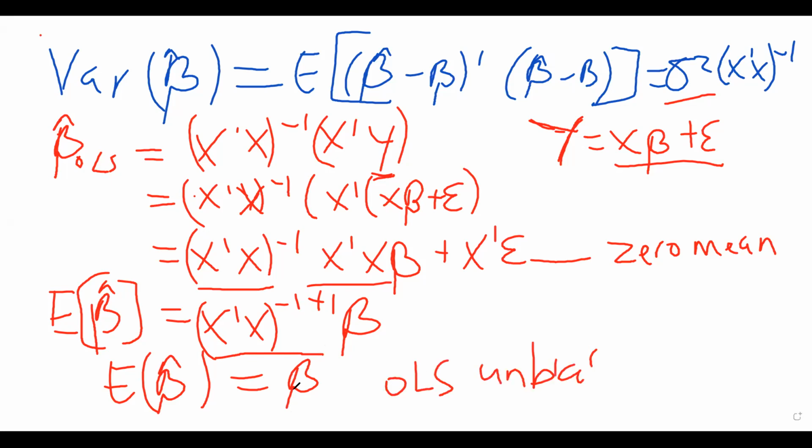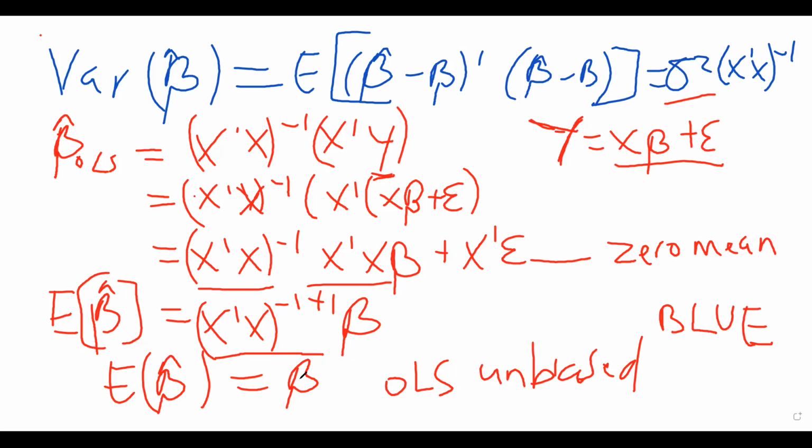Of course, there are other things that you have to check to eventually arrive at what we sometimes call the BLUE, the best linear unbiased estimator. But the unbiasedness is what we just demonstrated here. Unbiased means that the expected value of that beta cap is the true value that you will find.